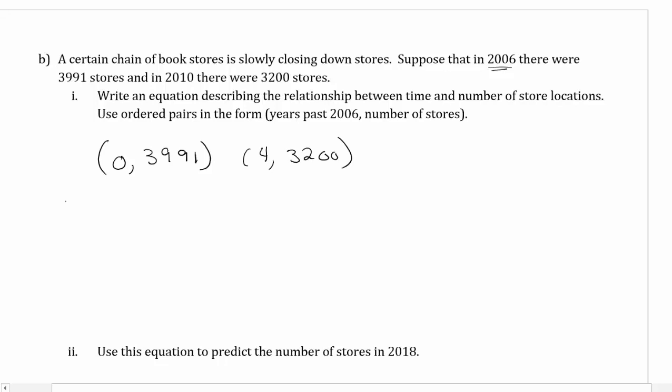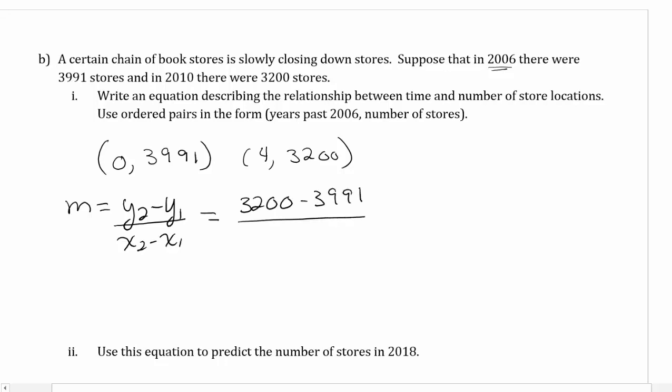So now we need to calculate our slope. y2 minus y1 over x2 minus x1. 3,200 minus 3,991 over 4 minus 0. So in the numerator we get negative 791, and in the denominator we get 4.